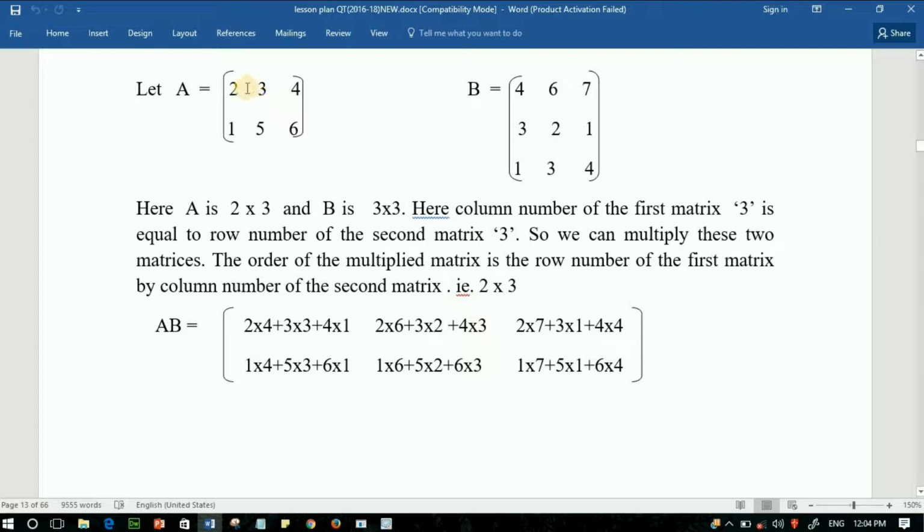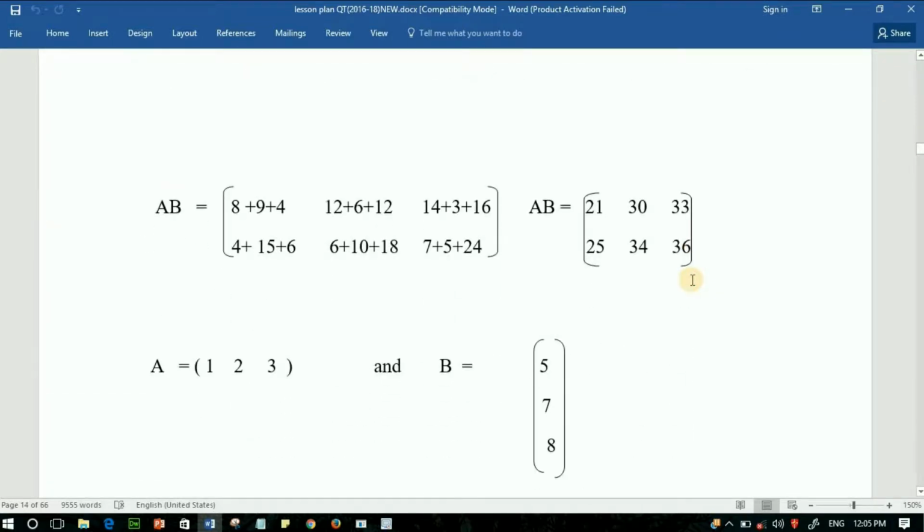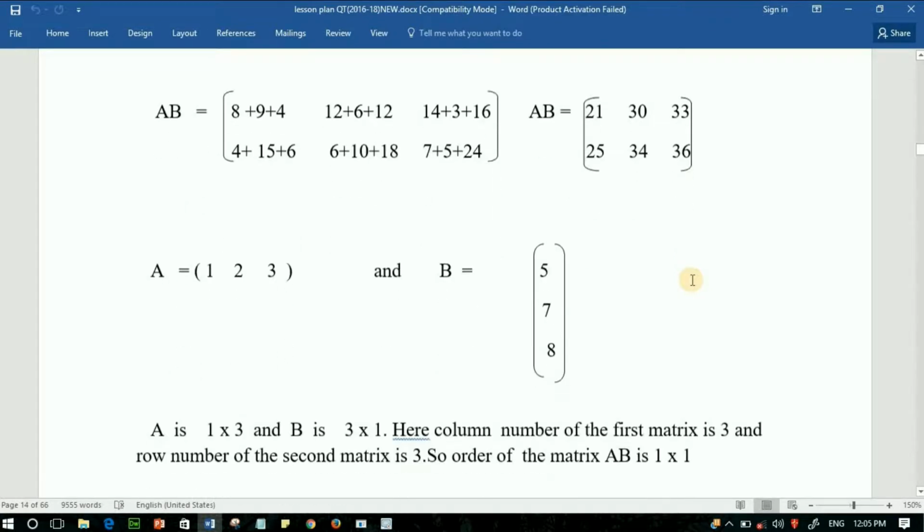Third: 2 into 7 plus 3 into 1 plus 4 into 4. That first row is over. Then we take the second row: 1 into 4 plus 5 into 3 and 6 into 1. Similarly, you can find AB. So the answer is AB = [21, 30, 33; 25, 34, 36].